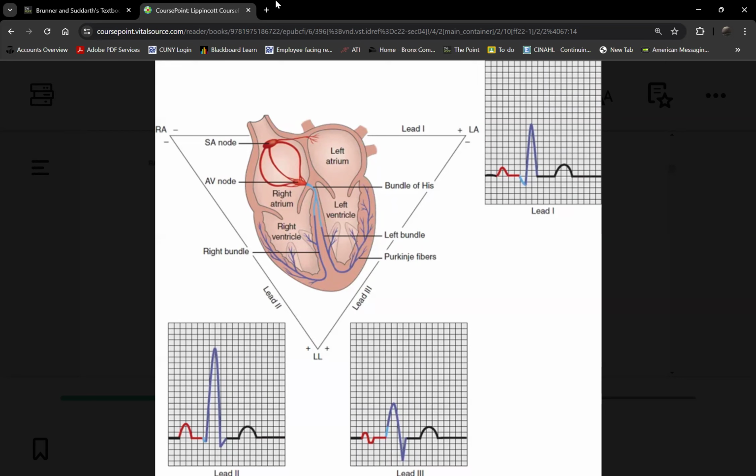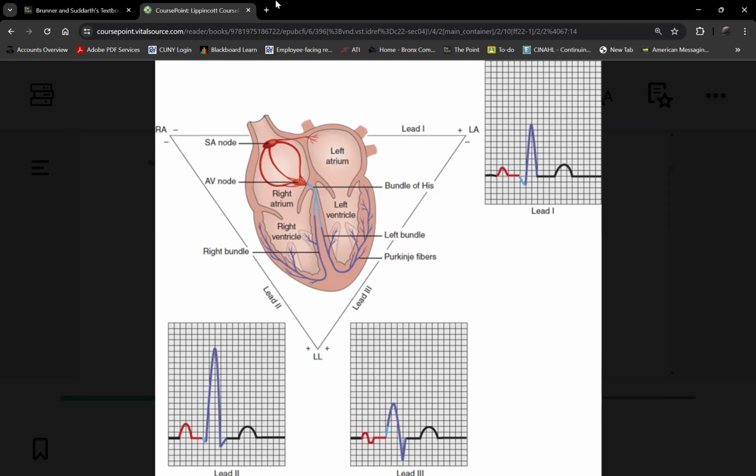And then you can see the AV node and the pathway, meaning the electrical impulse is fired from the SA node to the AV node and then all the way to the ventricles over to the last Purkinje fibers. So it goes diagonally, right? The direction would technically be from the right shoulder all the way to his left foot. That is the direction of the electrical pathway of the heart.